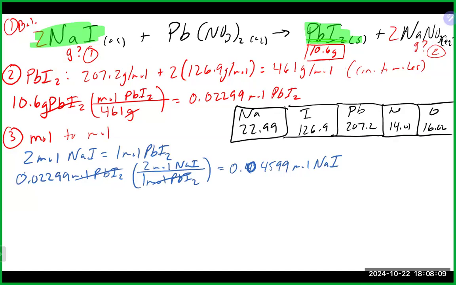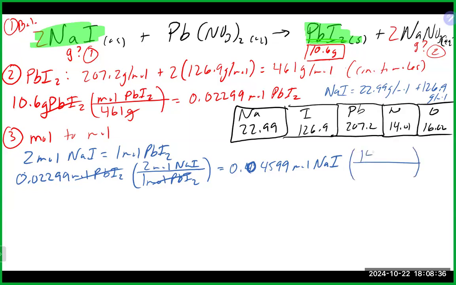And again, to do that, we will need the molar mass of NaI. That's going to be 22.99 and 126.9 grams per mole. That's going to get us there, 22.99 plus 126.9, about 149.9. We're going to use that as our conversion factor here.